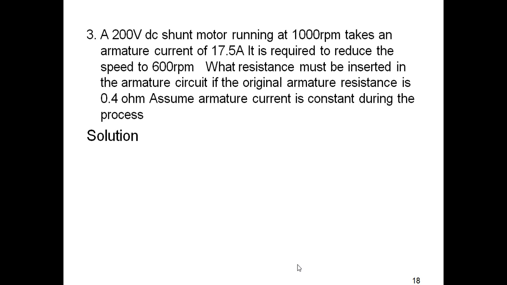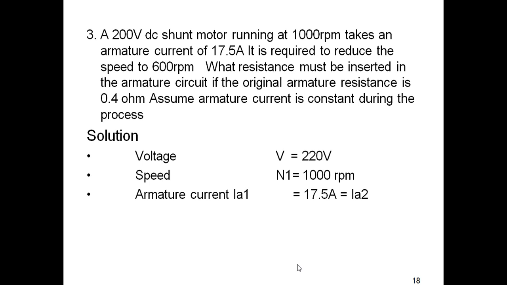Now let us solve this. First we will be writing the given data. The voltage V is given as 220. In the question, please change it as 220 volts. And the initial speed, that is N1, is given as 1000 RPM.